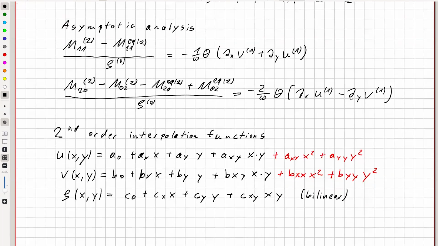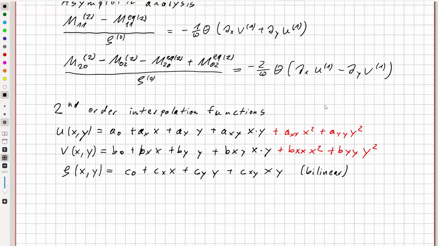Okay, now let us do some counting. We have 4 nodes times 4 velocity moments: the velocity itself, and twice two derivatives. That gives 16 moments for velocity on 4 nodes.